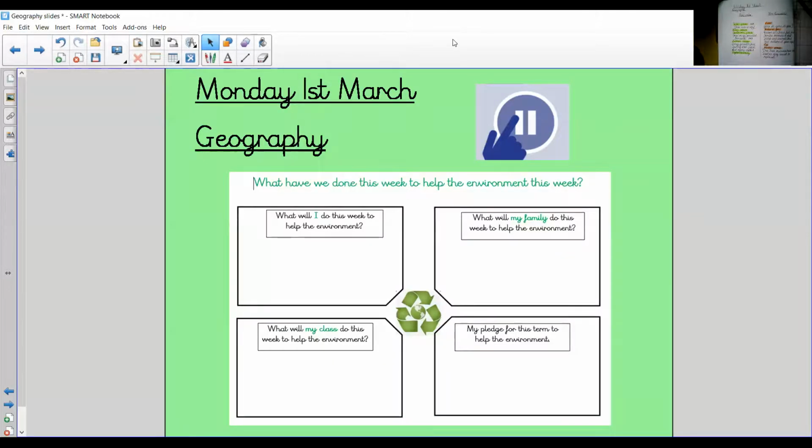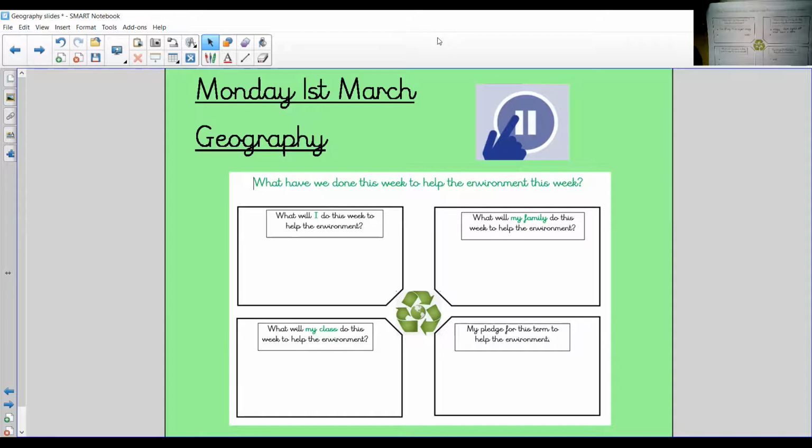Your next thing, let me just find that on the page. That will go there. We'll have a little look at that in more detail in a minute, because this is the next thing I want you to have a little think about.